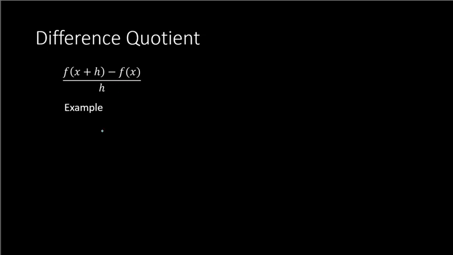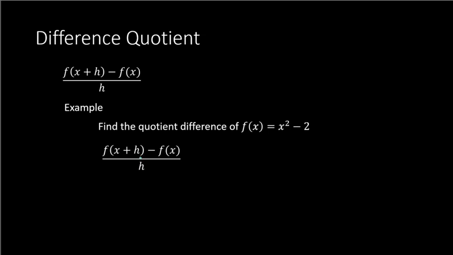Now how this works is, let's say we were trying to find the difference quotient of f of x equals x squared minus 2. So we take that difference quotient, and in place of f of x, we can put in x squared minus 2. So that would be x squared minus 2 over on that side, and then h is going to go on the bottom.